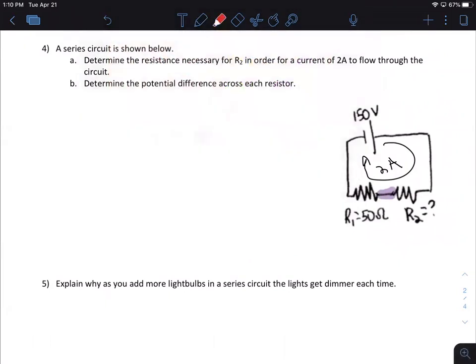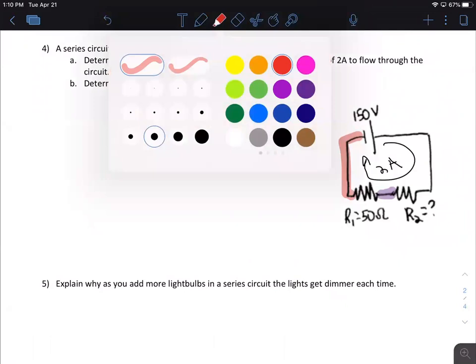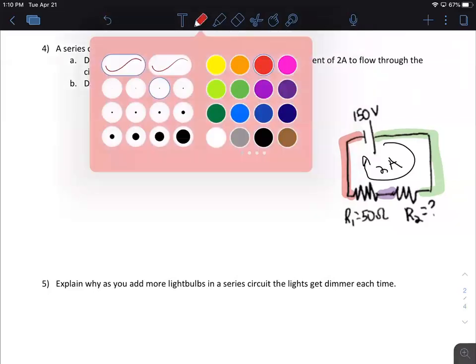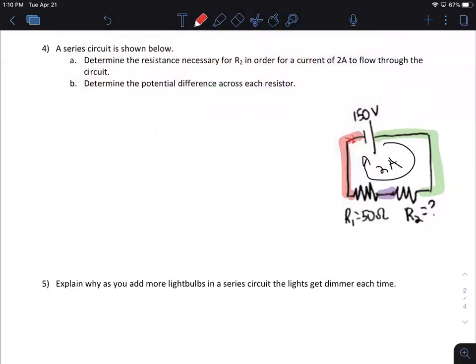I always like using red for the 0 potential, green for right after the battery. So again, I'm going to arbitrarily say this is 0. It's my 0 point. And because I know the battery is 150, I know this then has a potential 150 along this perfect wire.